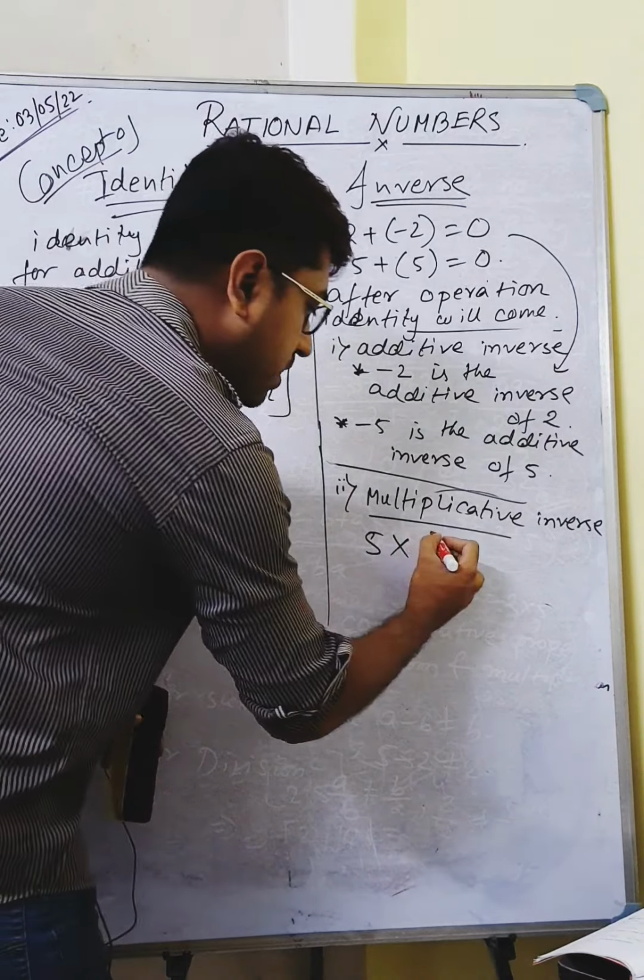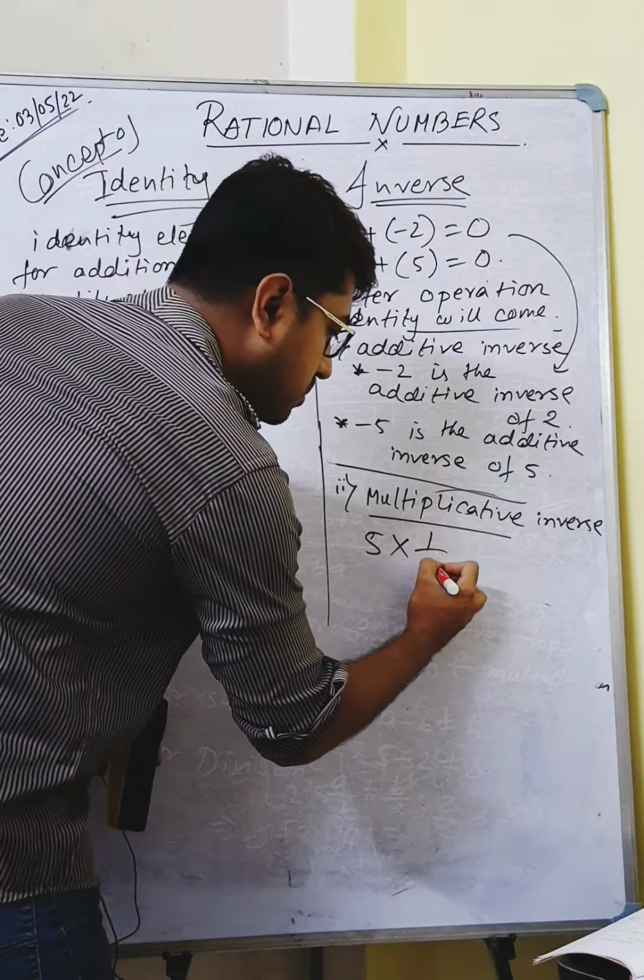If we multiply 5 with 1 by 5, 1 will come, right? So that means 1 by 5 is the multiplicative inverse of 5, right now? So 1 by 5 টাকে আমরা 5 এর multiplicative inverse বলছি.